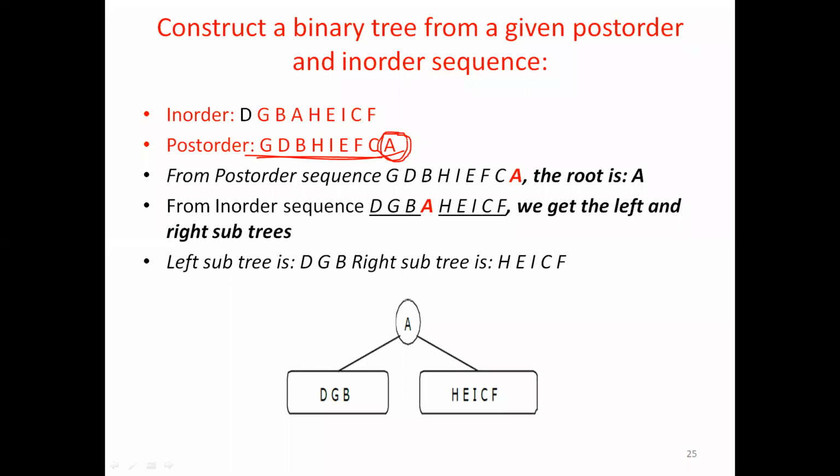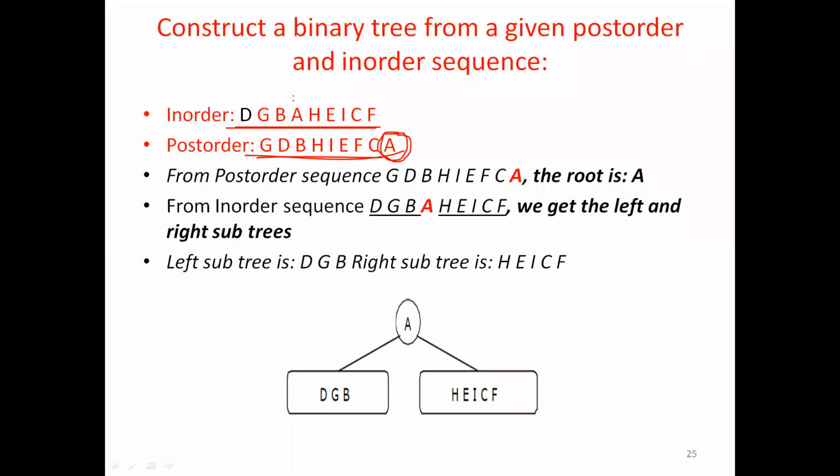Once I find this from the post-order, look at the in-order. Go and check, starting from the first node, whether node A is matching with any of the elements in the tree.